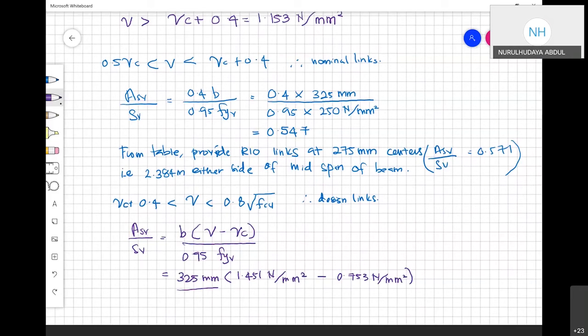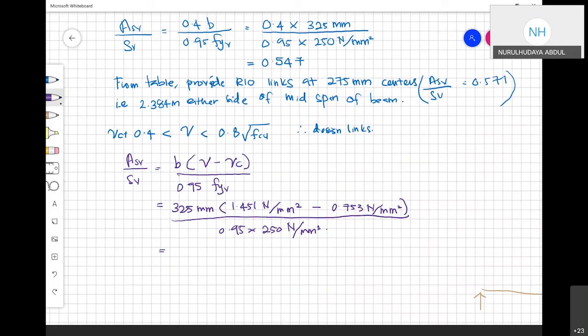Okay, and we divide with 0.95 times with FYV, so shear steel strength for link 250 sebab mild steel. Okay, jadi kita boleh calculate. Saya dapat 0.955. Okay, betul lah.